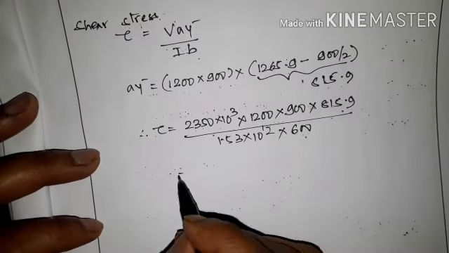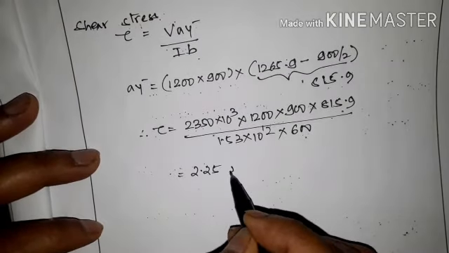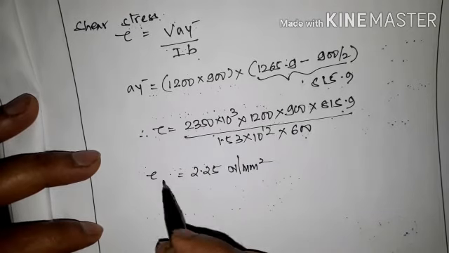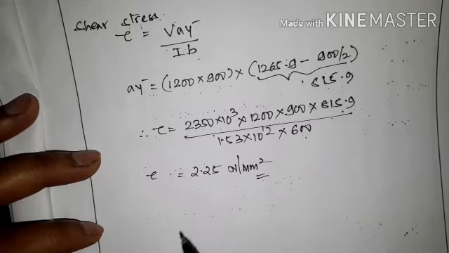We'll get this as 2.25 Newton per mm square, that is tau.